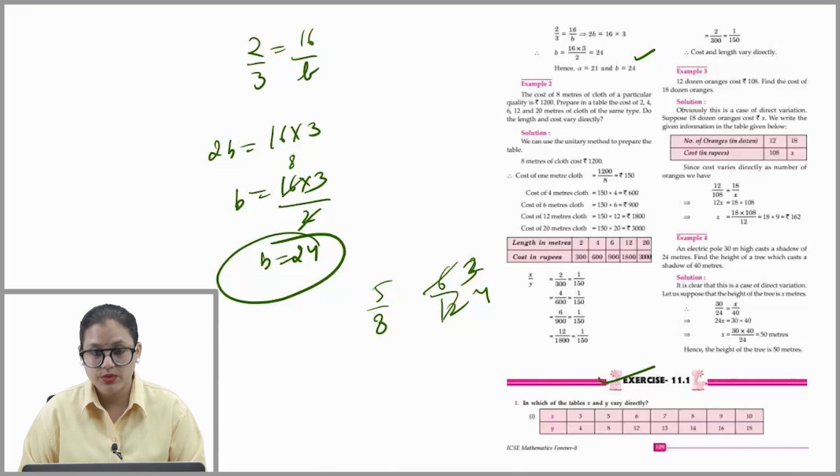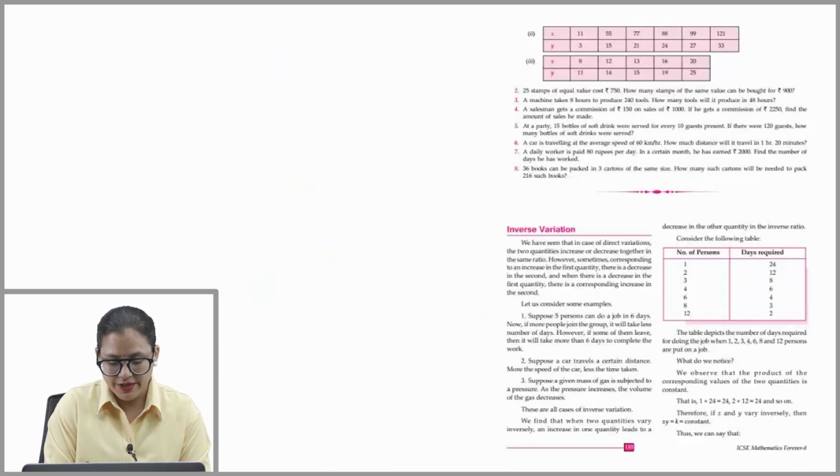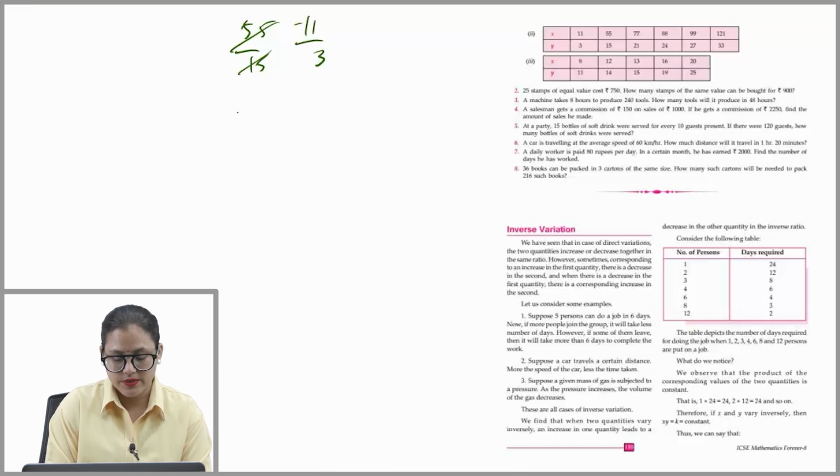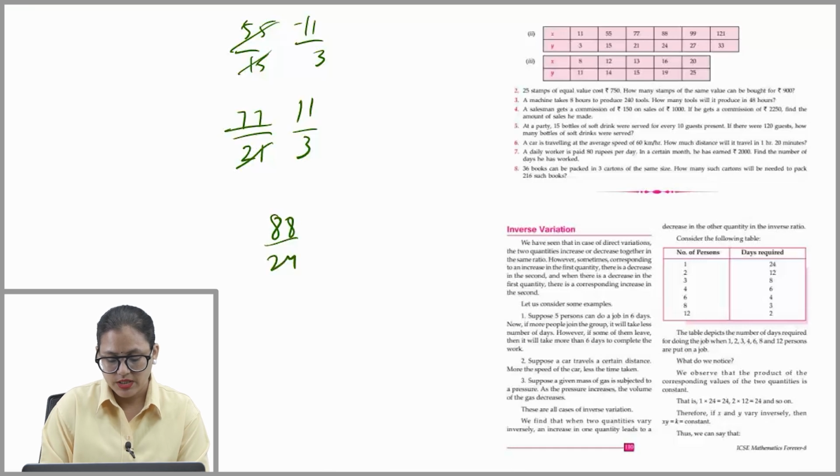Let's check out the next table. x by y is 11 by 3. Now 55 by 15 is 11 by 3. Then we have 77 by 21: 7 ones are 7, 7 threes are 21. Then 88 by 24: 8 ones are 8, 8 threes are 24.